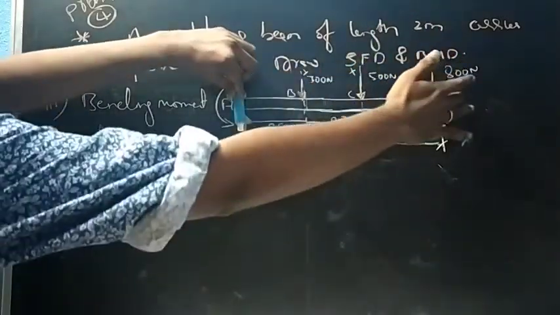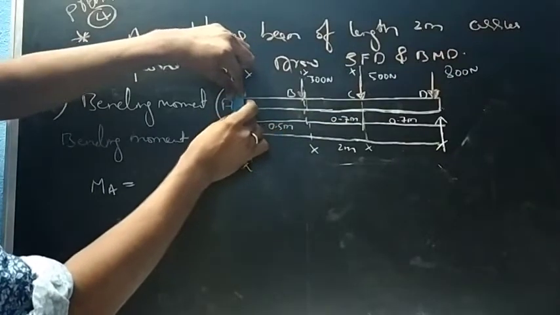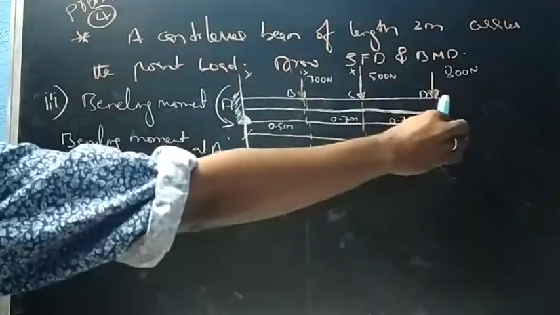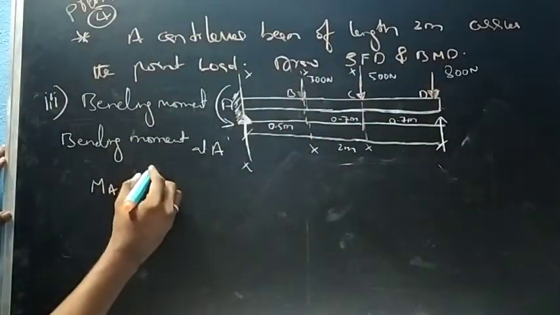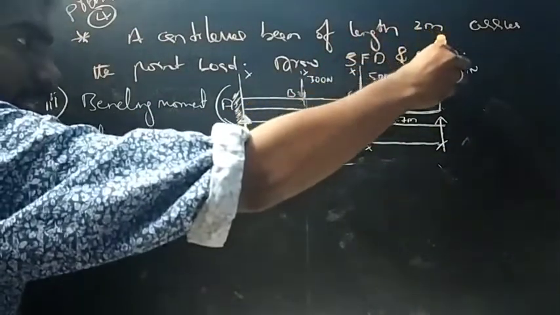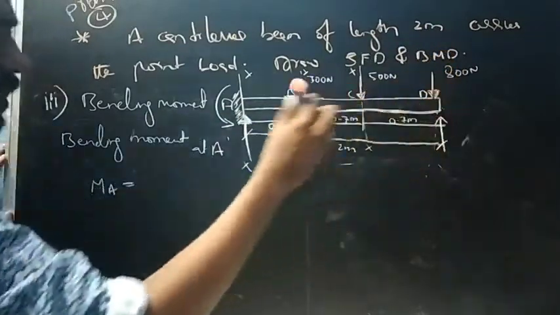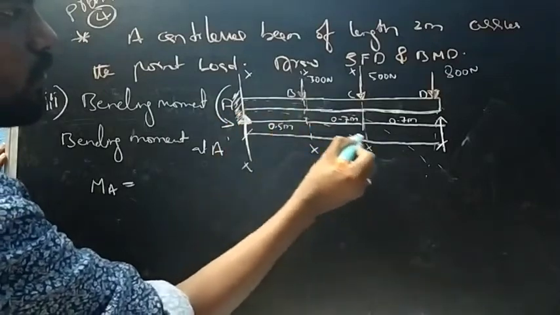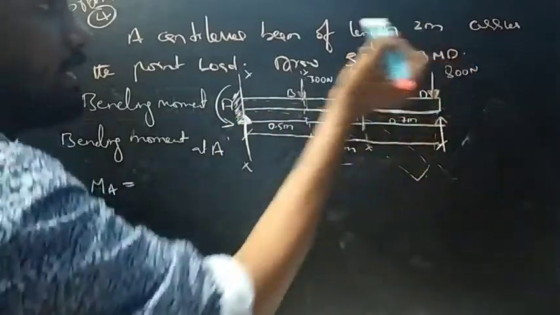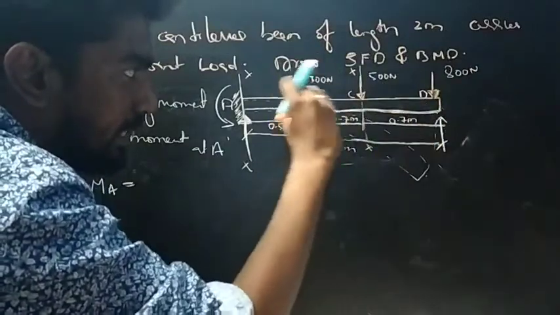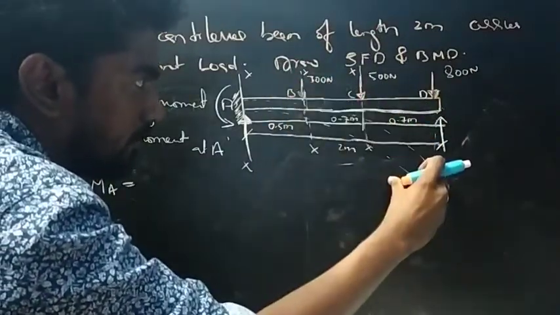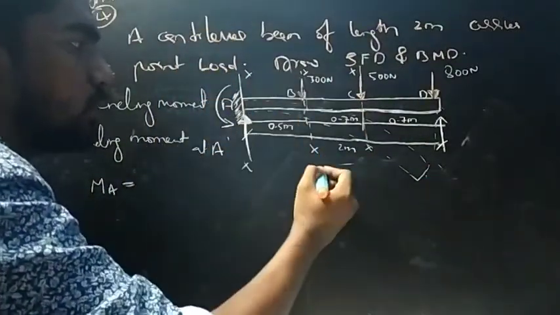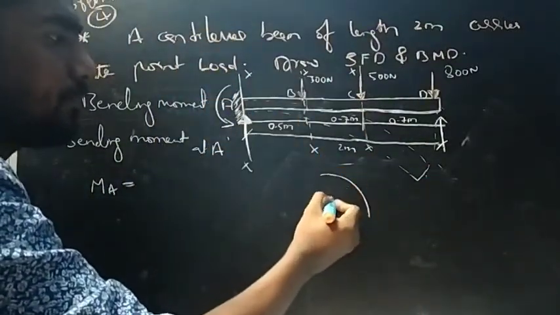So taking the moment from here to here, because the maximum bending moment will be at A, so I'm taking from D. So the value of D is 800 and it is creating hogging. So I will draw here. So this force, that is 800 newtons, which is creating a hogging moment. It's not creating a smiley moment, it's creating a sad moment.